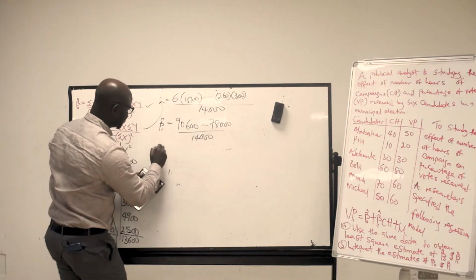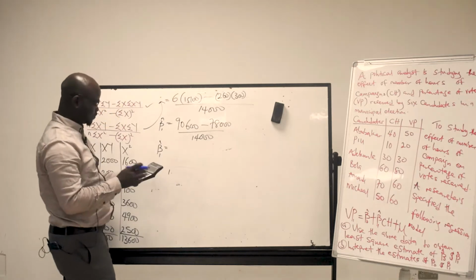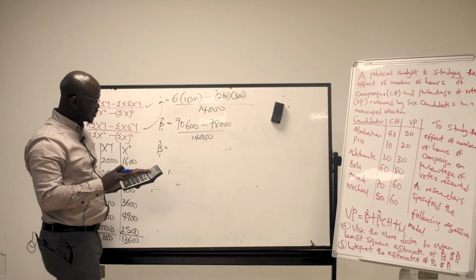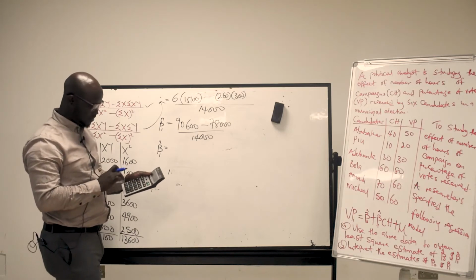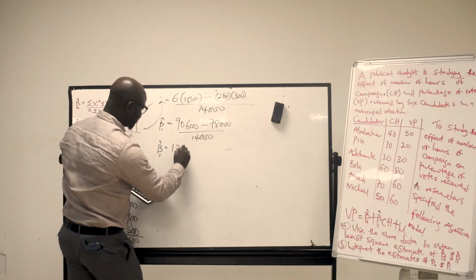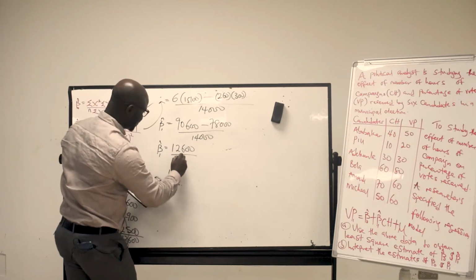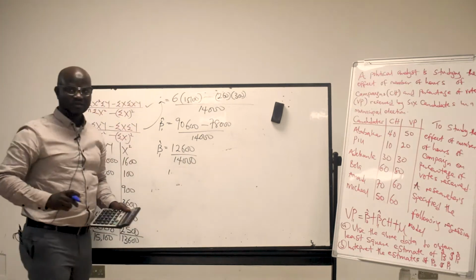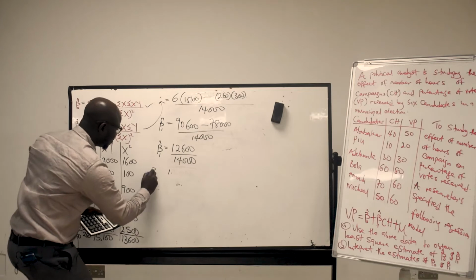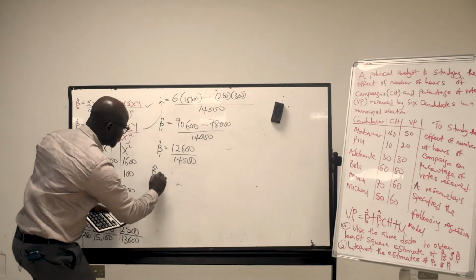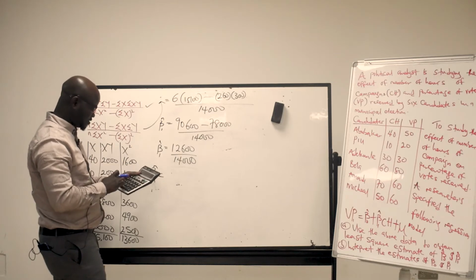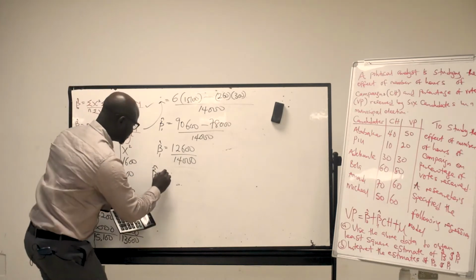Then the beta 1 cap will be 90,600 minus 78,000, we have 12,600 all over 14,000, right? Now the beta 1 cap will be this divided by this, so class, this will be 0.9.